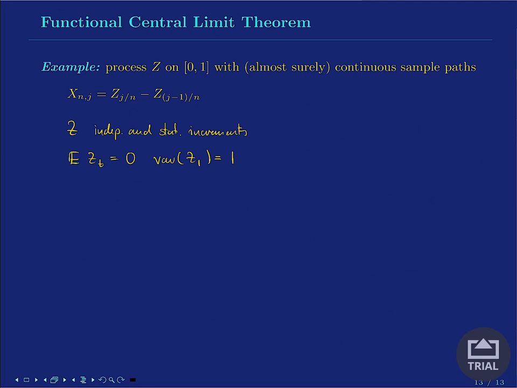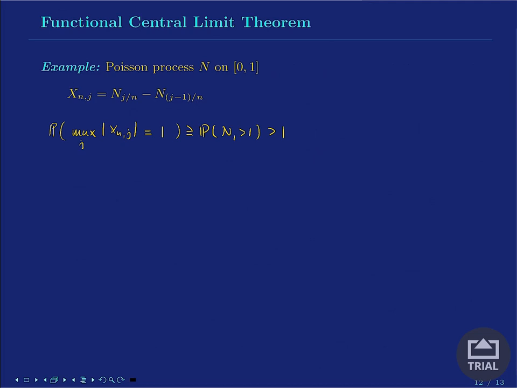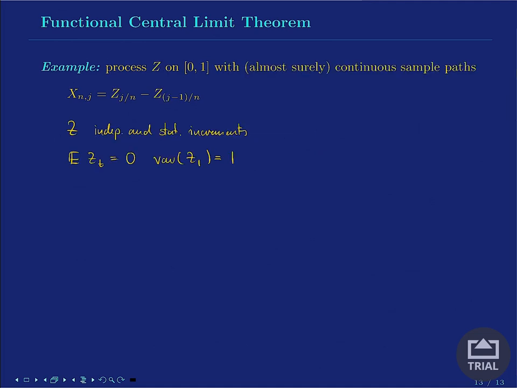So in contrast to the Poisson process, we now assume that we don't have a jump process, but actually a continuous sample path process. Now, in that case, we automatically, by the functional central limit theorem, obtain a Brownian motion.